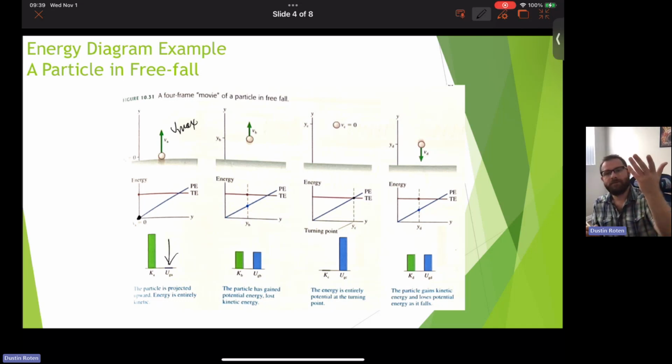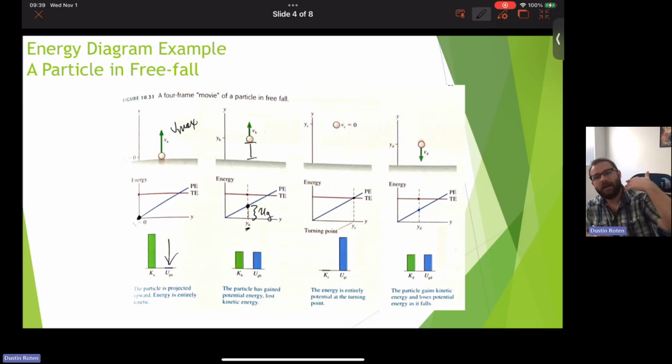Now, as this ball starts moving up, it's going to have a balance. It still has a velocity up, but it's also above the ground. We've got some height to it, so it's going to have a mix of potential energy and kinetic energy. I can label my potential energy here.